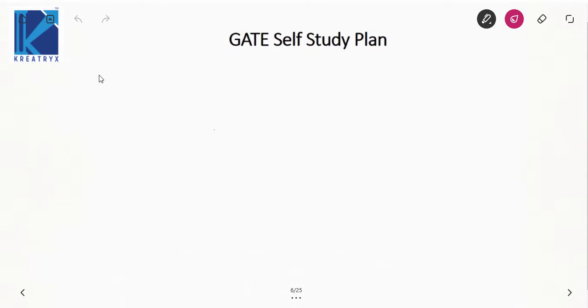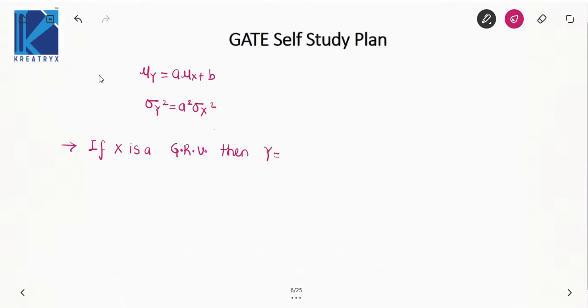So upon comparing, we get mu y as a mu x plus b and sigma y square equal to a square sigma x square. So from this discussion we can deduce some results. First is, if x is a Gaussian random variable, then y equal to ax plus b will also be a Gaussian random variable.